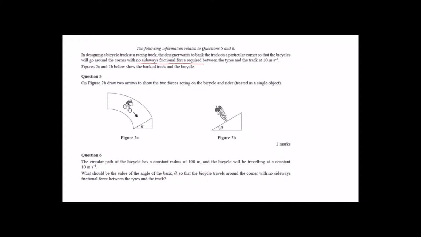Okay, so what we need to think about here is the information we're given. We've got a radius and we've got a speed. We don't have a weight, but we don't need it because we can just think in terms of acceleration. So moving over onto my blank page here.